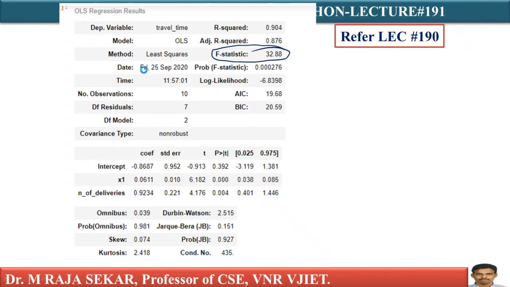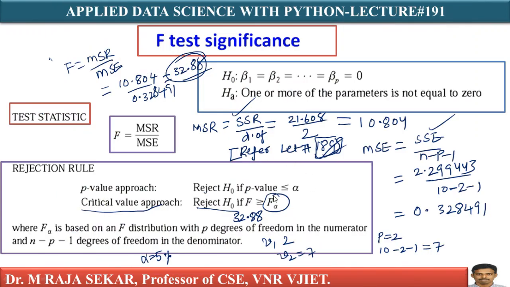This is F alpha. My F alpha from the F distribution table is 4.74. What is my F value?